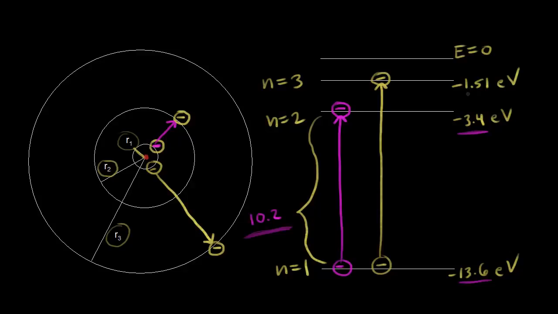So just thinking about the magnitudes, this was negative 1.51, and this was negative 13.6. If we just take 13.6 minus 1.51, we would get how much energy we need to put in to cause that transition, and so this would be 12.09 electron volts.